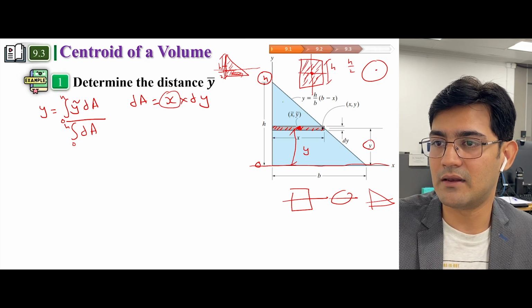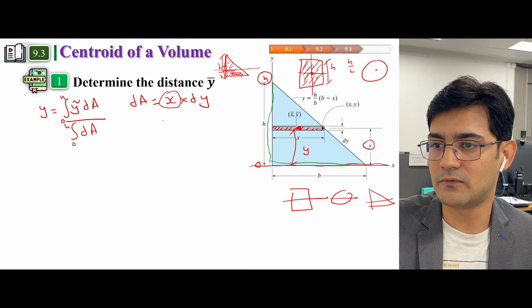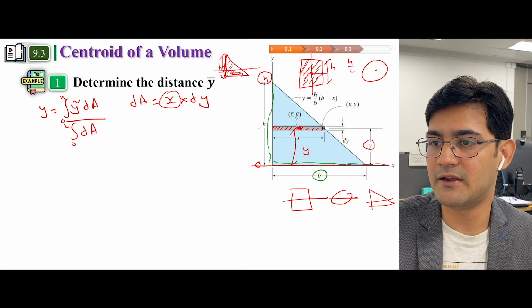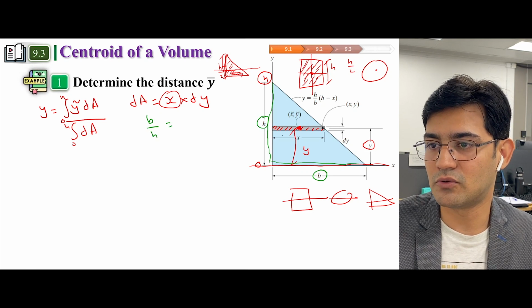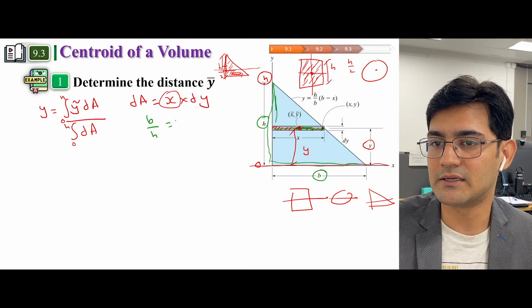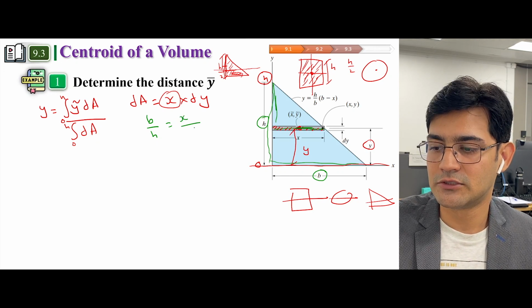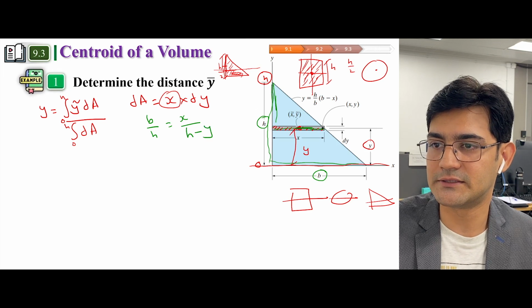Now x can be calculated by using slope. b divided by h is a slope, so we can equate this with this divided by this. This is x, so the height would be h minus y, because the total is h.